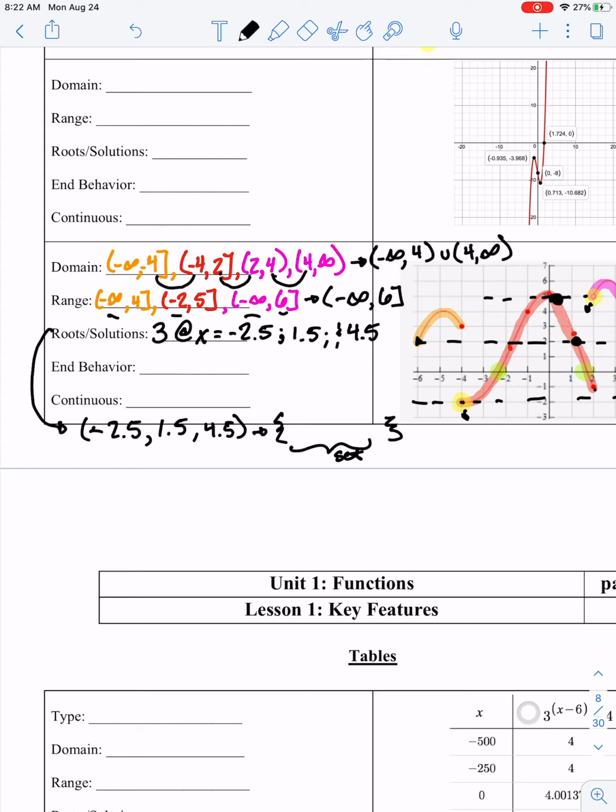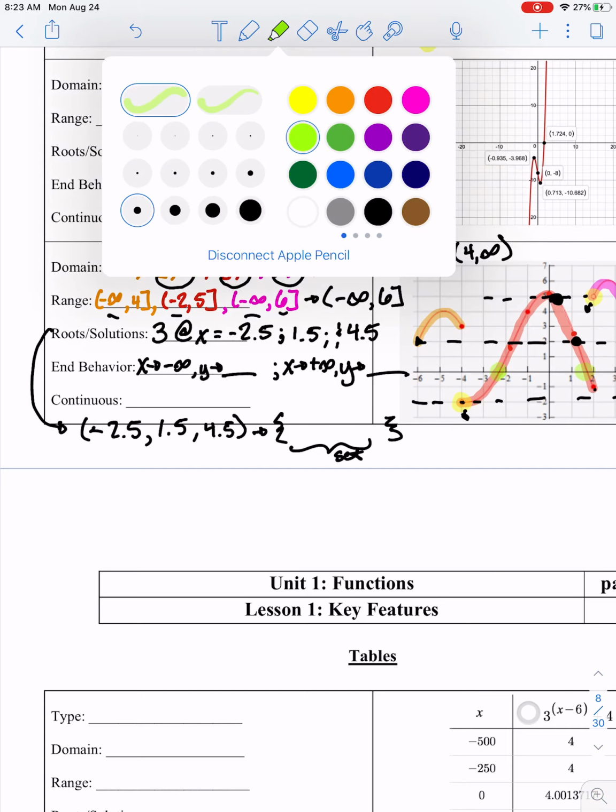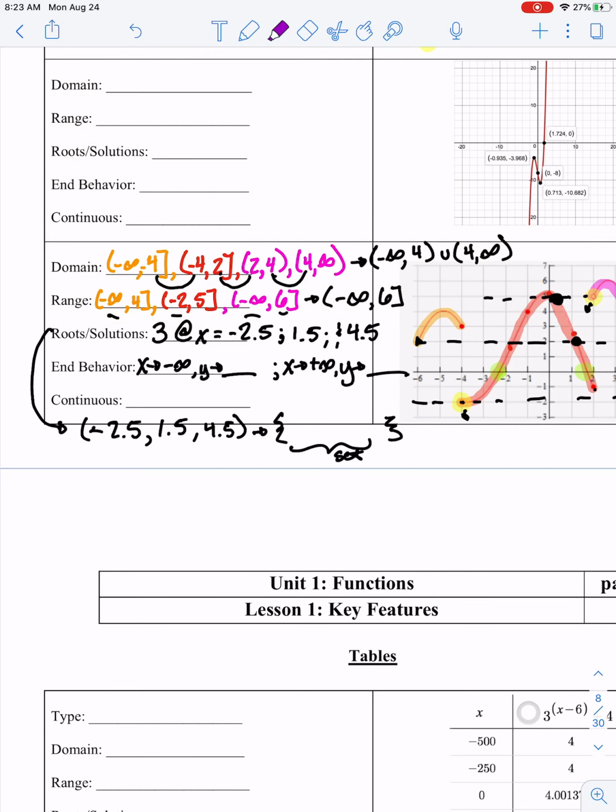Now in behavior, again, x goes to negative infinity, y goes somewhere, and as x goes to positive infinity, y goes somewhere. What's that somewhere? Again, I want to highlight the furthest most left piece, put a little note that says left.